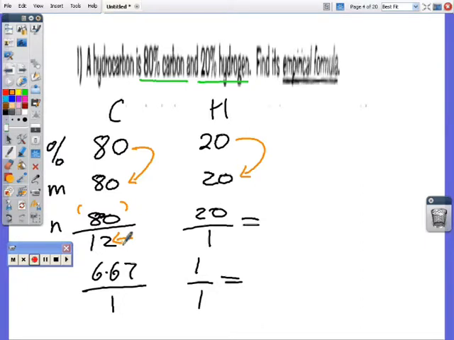So this works out then at about 6.67, and this obviously works out at 20.